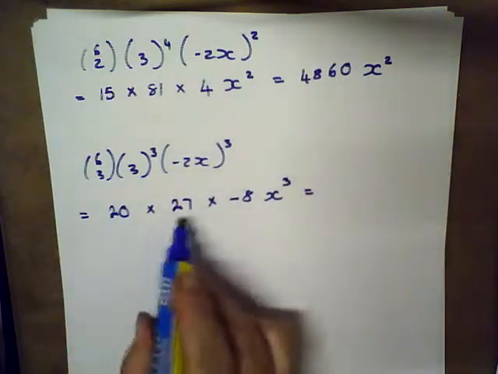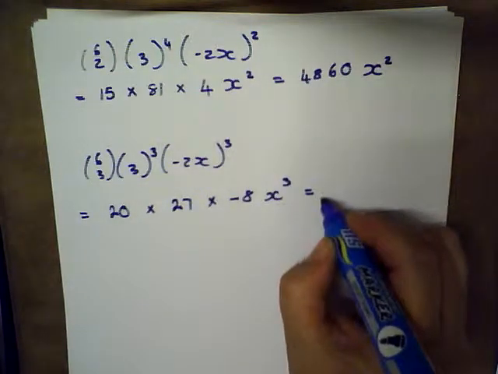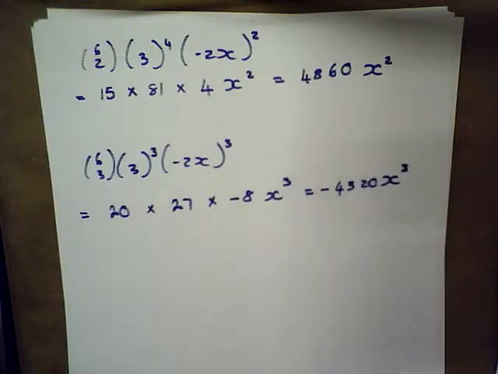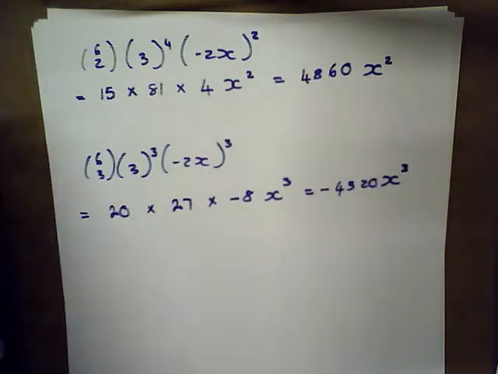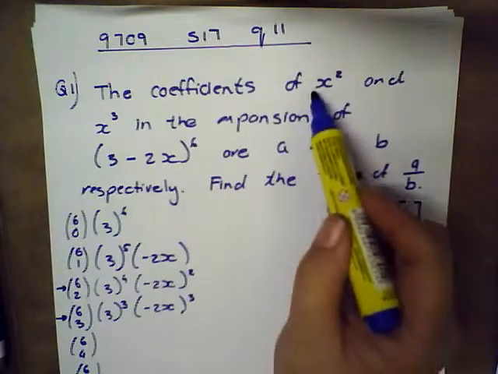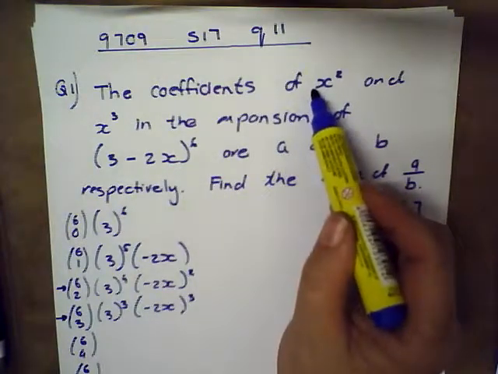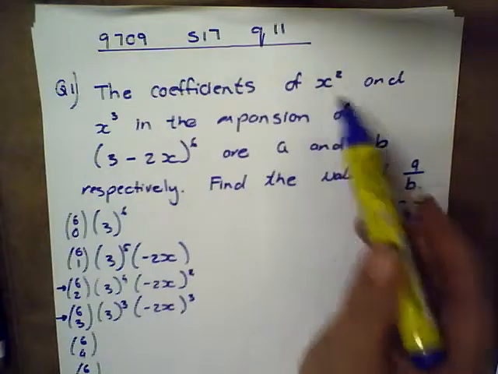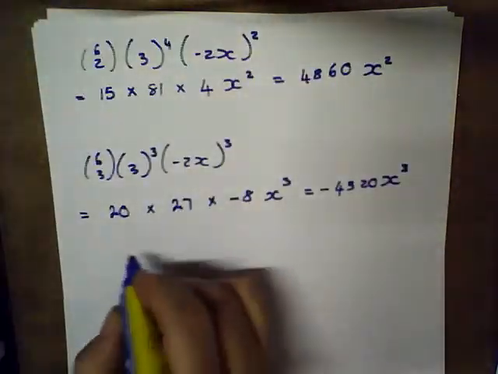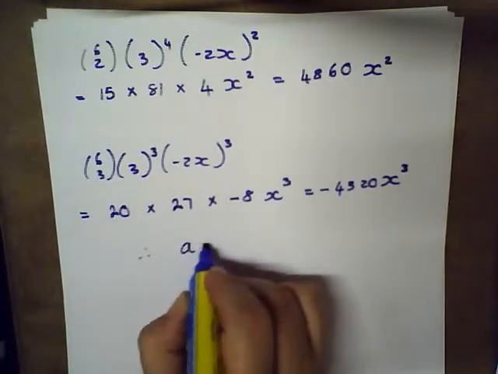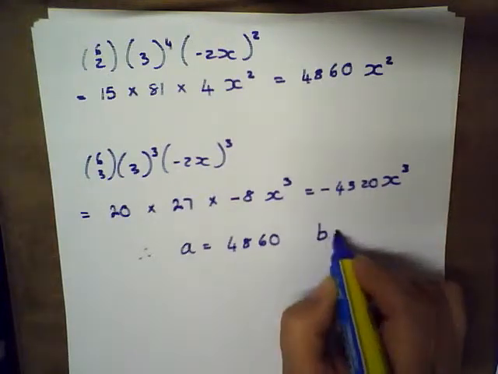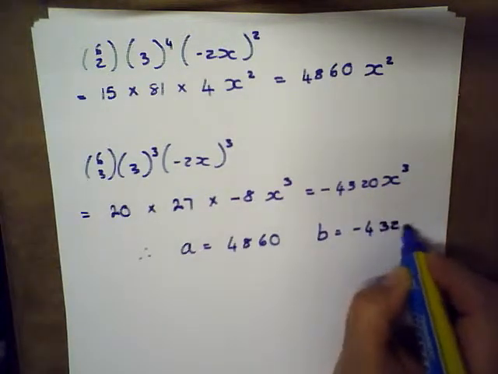If I multiply all these together, I will get −4320x³. Now we've got to recognize that a is the coefficient of my x squared, and b is my coefficient of x cubed. So thus a equals 4860, and b equals −4320.